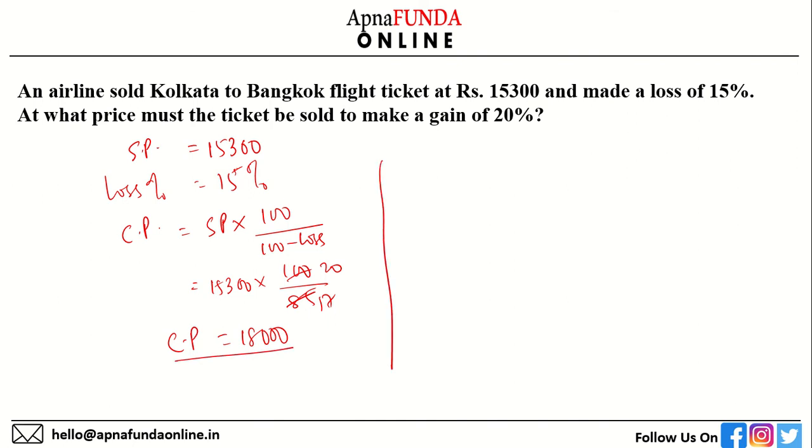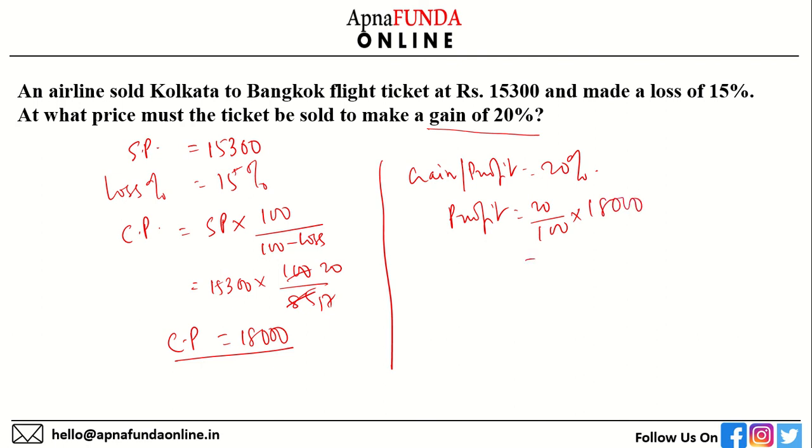Now we need to make a gain of 20%. So if gain or profit to be made is 20%, so profit is equal to 20 by 100 into 18,000. This will be 3,600.